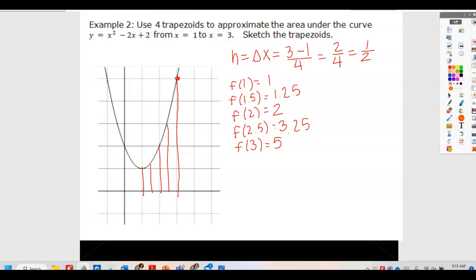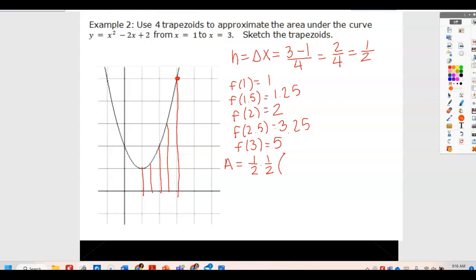So, just like a Riemann sum, if the base height is the same, we can GCF it out. The area, using the trapezoid formula, is 1/2 times the height, which is 1/2, times the sums of the bases.